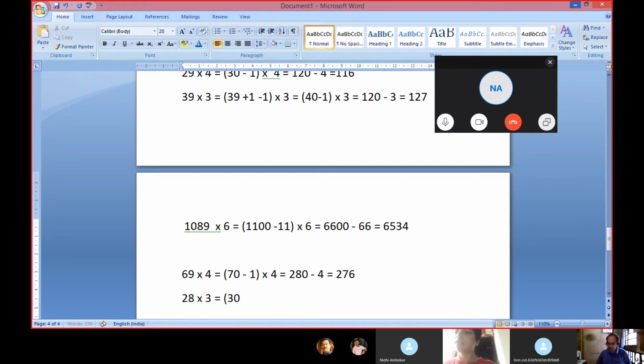So 28 is 30 minus 2 times 3. Of course, we will revise this next time. So 30 times 3 gives me 90 and 2 times 3 gives me 6. So 90 minus 6 is 84.